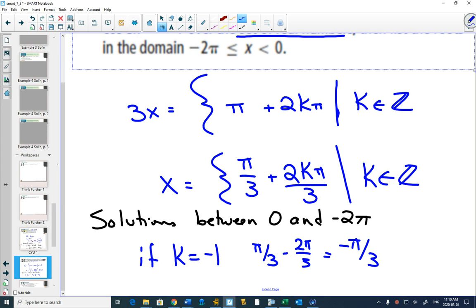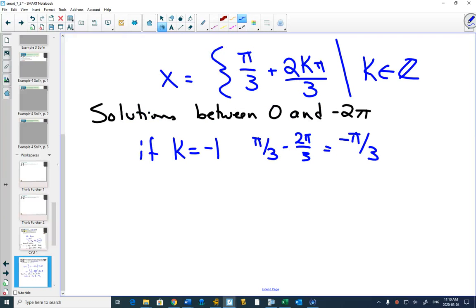Are there more? Well, what's the next number we could try? If k is -2, and I plug in -2 for k, I'm going to get minus 4 pi over 3. That will give me -3 pi over 3. Is that between 0 and -2 pi? It is.